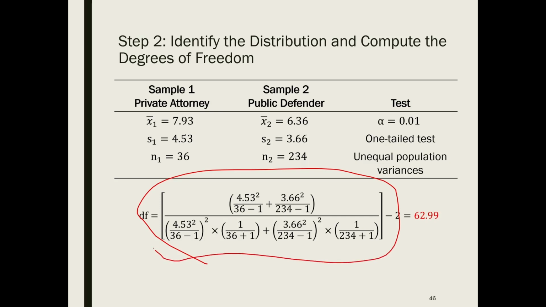I use a calculator to calculate at least 3 times to make sure this number is correct, and I calculate step by step. Don't put everything into one and click equal and mess something up. Calculate each part slowly, and don't forget to minus 2 here. Then you will have the degree of freedom around 63.